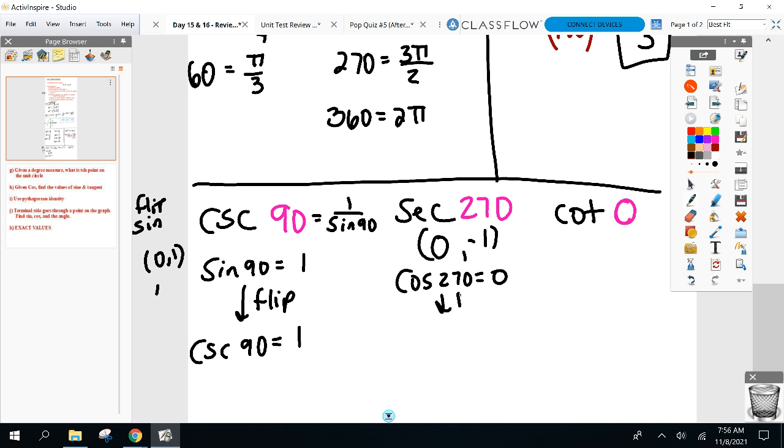Okay, now watch. Ready? Flip it. You get secant 270. What happens when I flip 0 over 1? 1 over 0, which we can't have, right? Check your calculator. 1 over cosine 270. Error? There you go. So this is undefined.